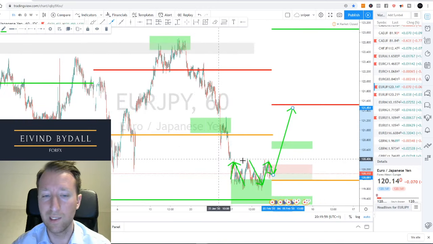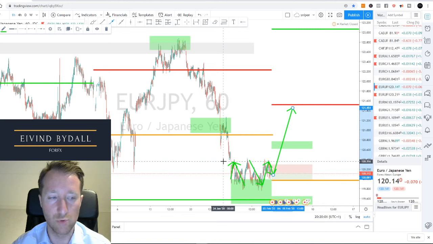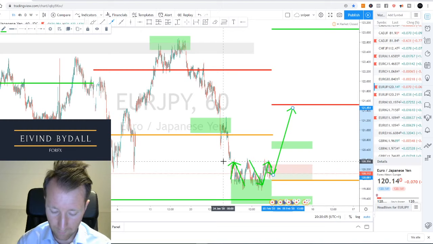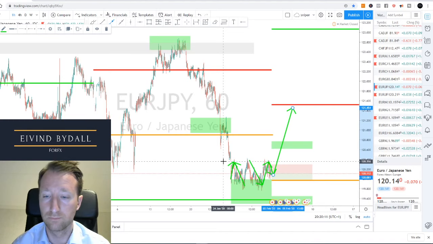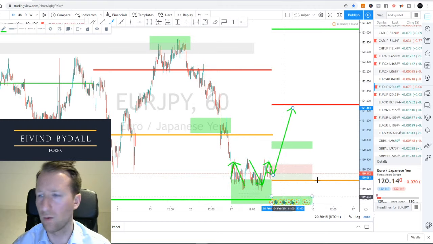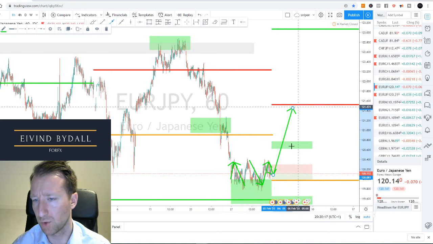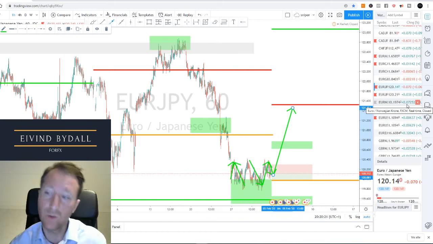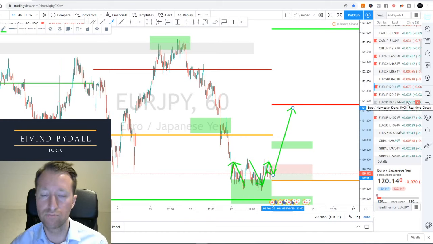But so far, I really wanted to see a new move up before we do anything to it. I think that's just the best way for everything. I don't know why it went sideways though, but it should have gone up. So this euro yen.